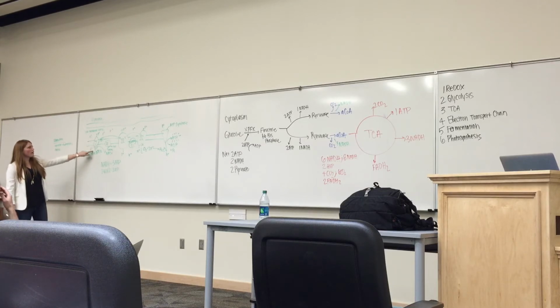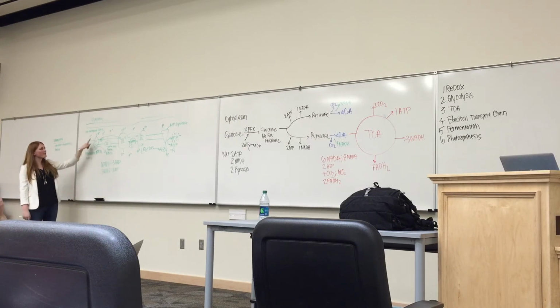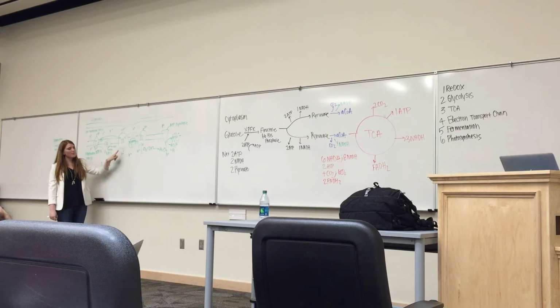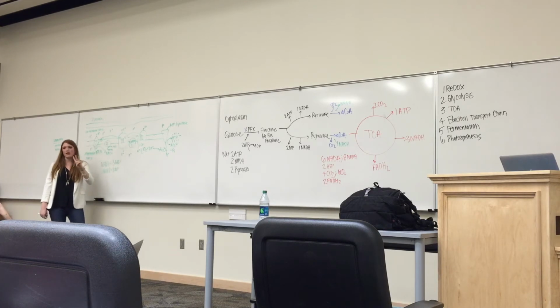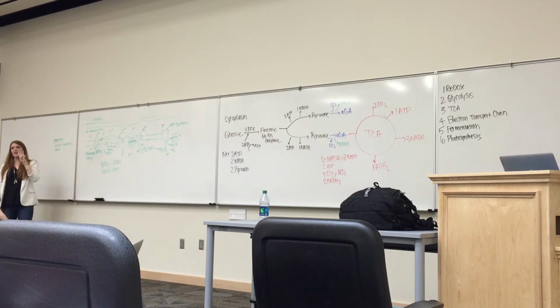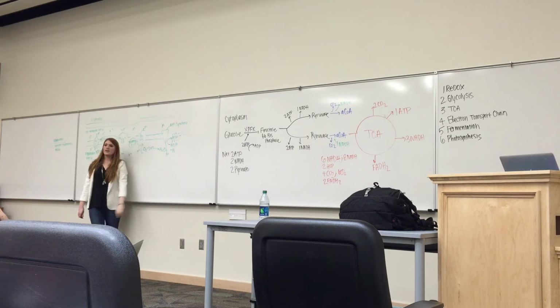Complex 1 is a transmembrane protein, and it can pump a proton across. Then it goes to complex 3, which pumps another proton, and complex 4 pumps another proton. 3 protons total, so 3 ATP, because 3 hydrogens can now come down and generate this.